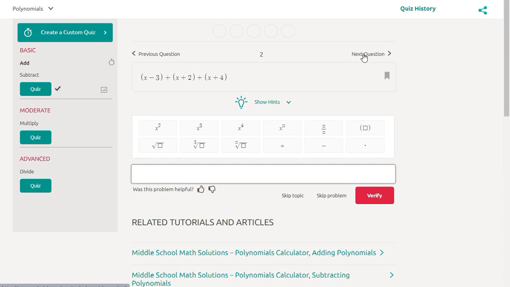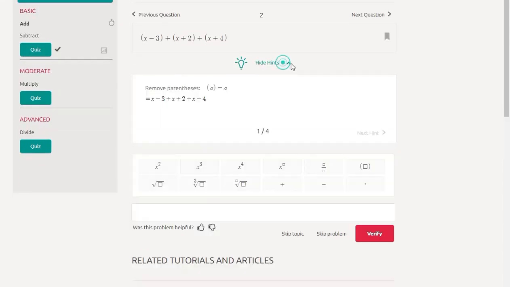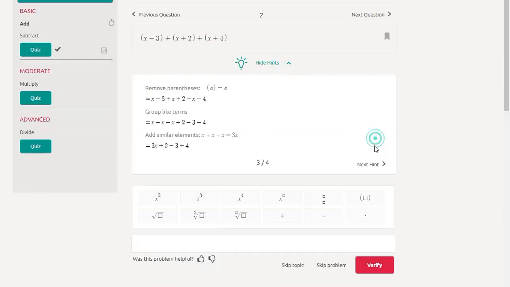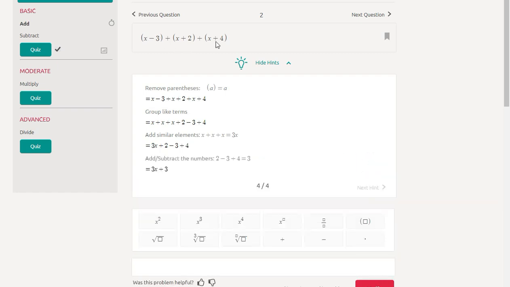Okay, now the second example, this is a bit longer one. So we have the situation where you have three terms. It's a linear because it doesn't have any x squared inside this polynomial. So it's a linear, which is much easier compared to the quadratic forms of polynomial.